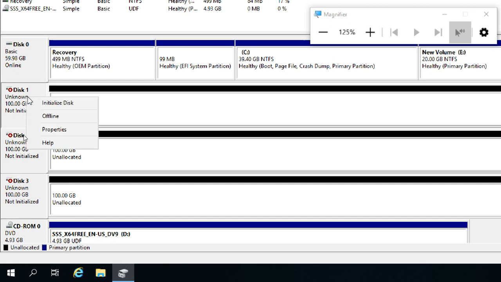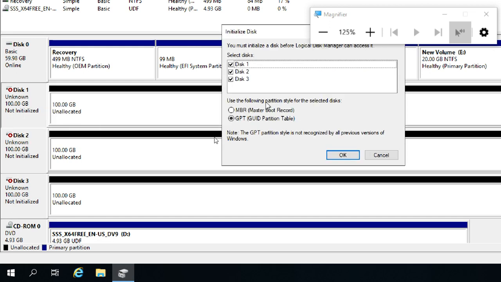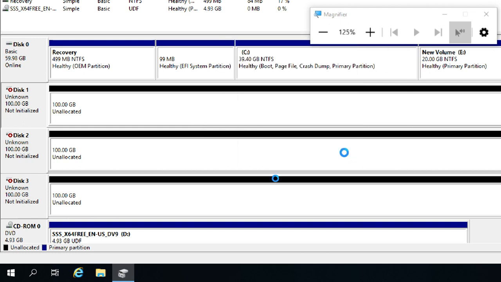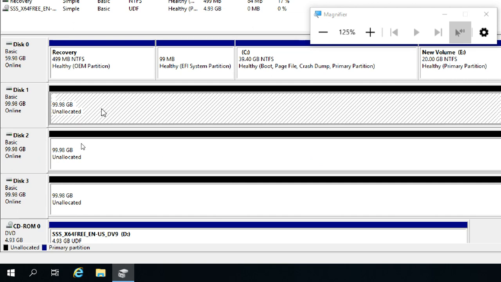They are not initialized. For the first disk I'm going to initialize, or we can initialize all disks also, no problem. So all disks are selected, 1, 2, 3. You can select GPT for everyone, no problem. MBR or GPT, no problem. Now all have become basic disks. They are in an unallocated condition.